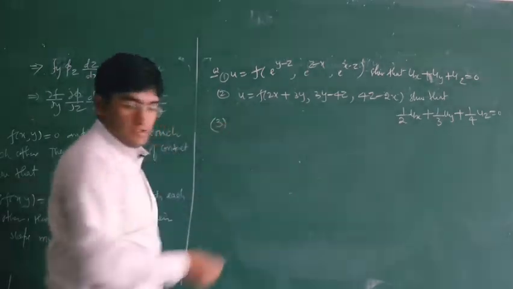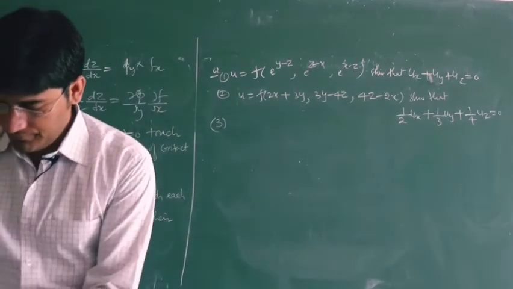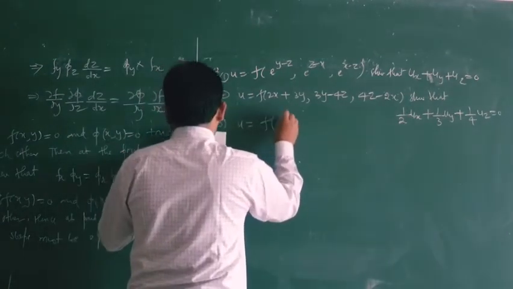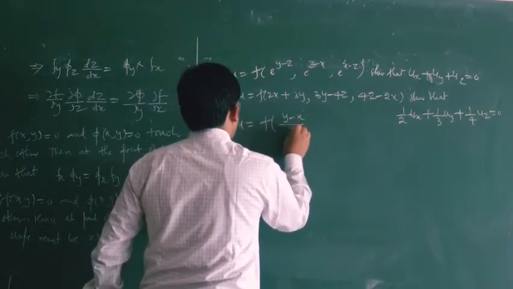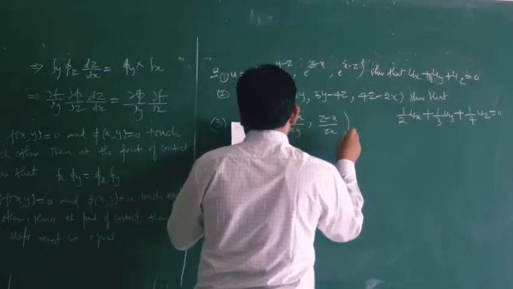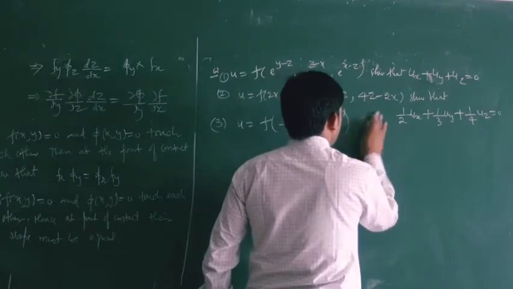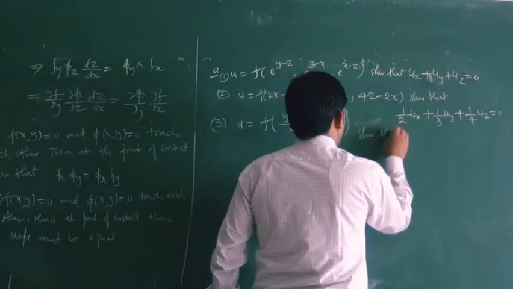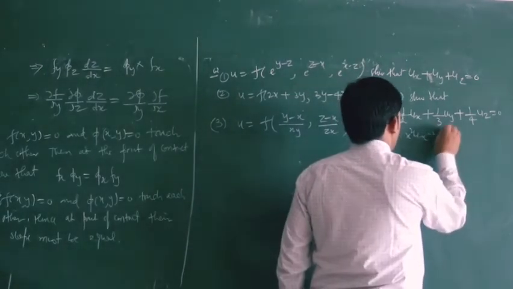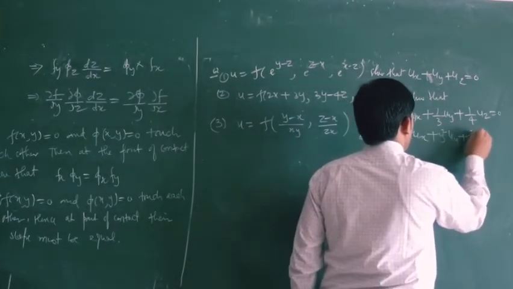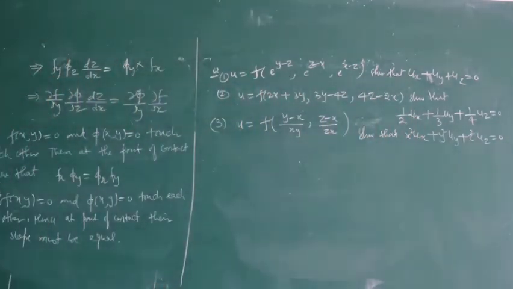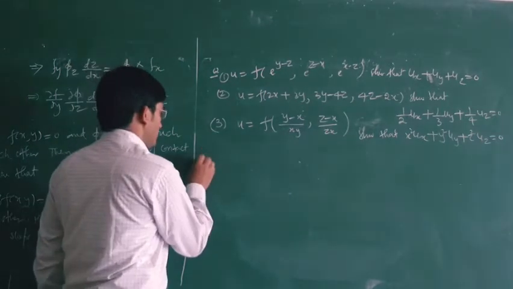Then the next question is: if u is a function of (y−x)/xy and (z−x)/zx, show that x² ux plus y² uy plus z² uz equals 0. So let us solve these three questions. Solution of the first part.